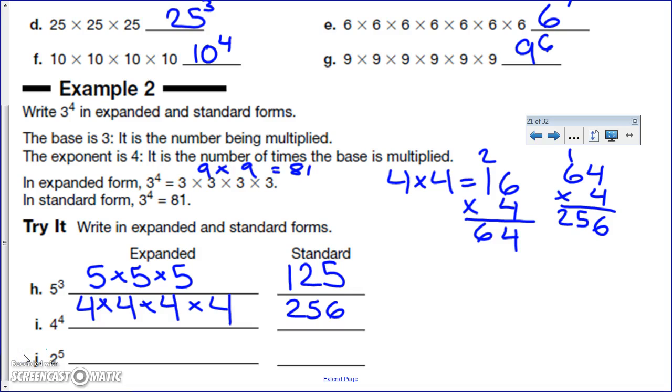For J, we have 2 to the 5th, so we're going to write out 2 times 2 times 2 times 2 times 2. And now we're going to do the multiplication. 2 times 2 is 4. Times 2 is 8.